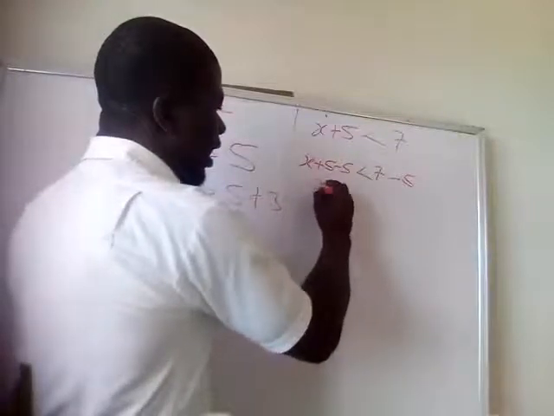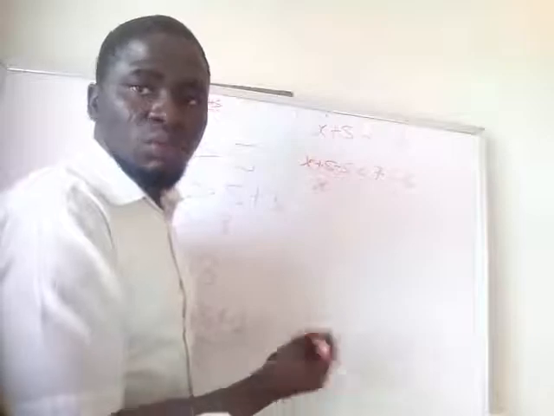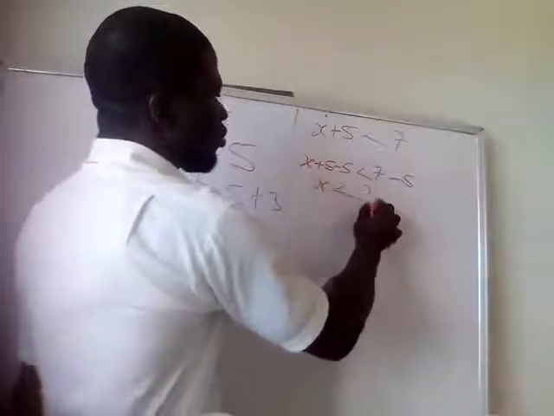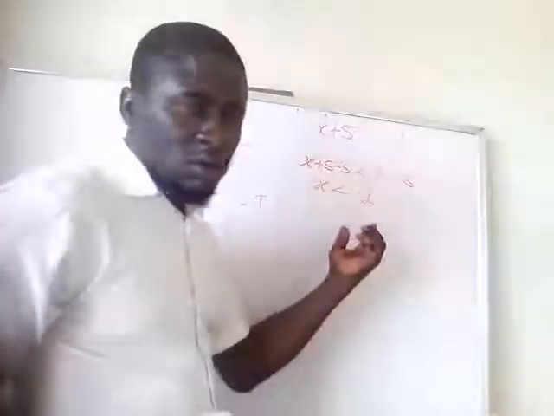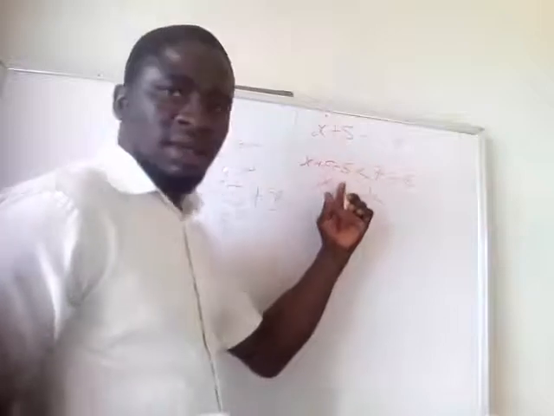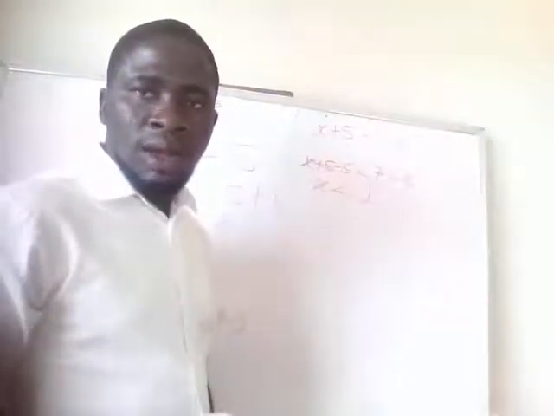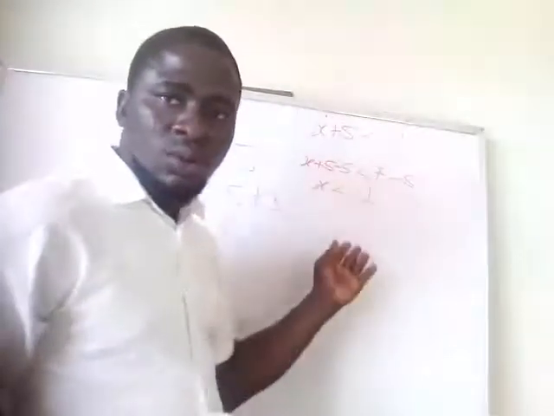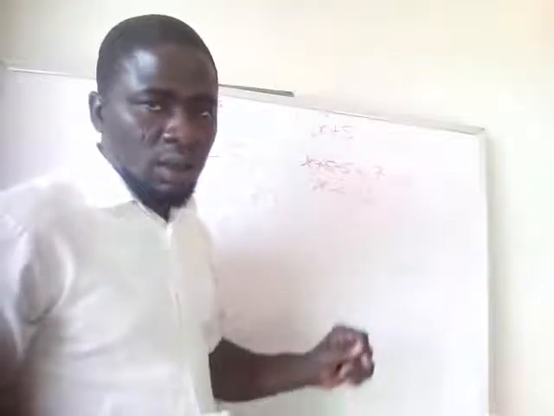So you have x. 7 minus 5 will give me 2. It's less than 2. So x is less than 2 is our answer. You have seen how we use the balancing method to solve it.